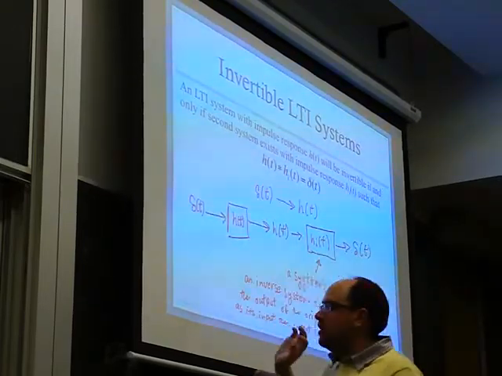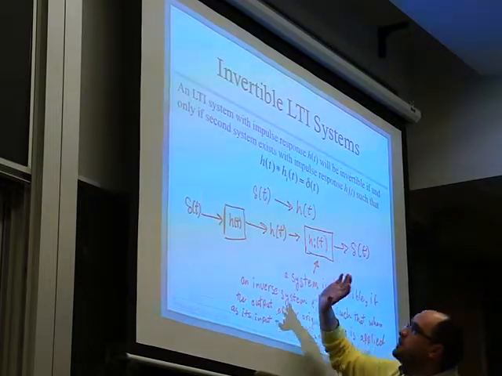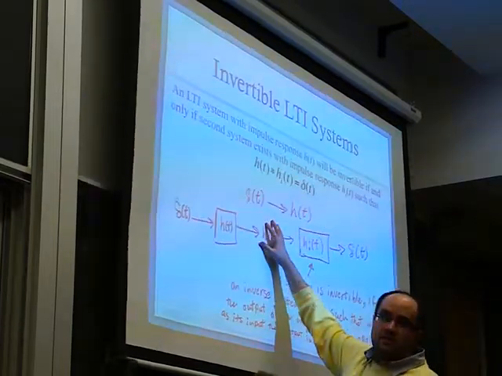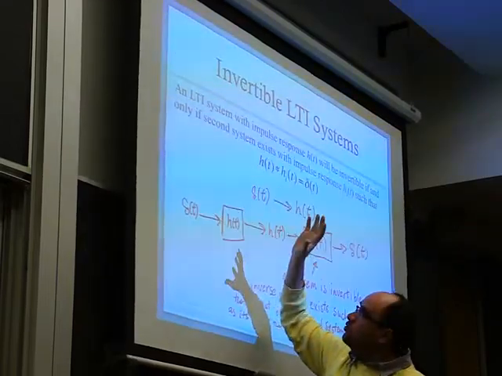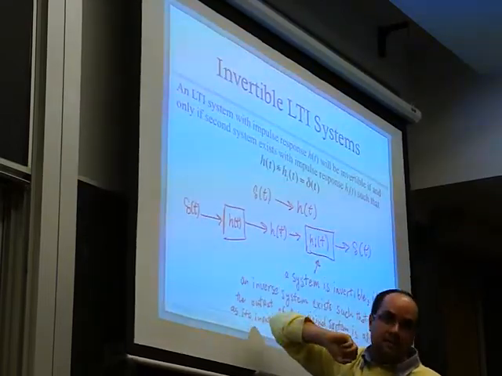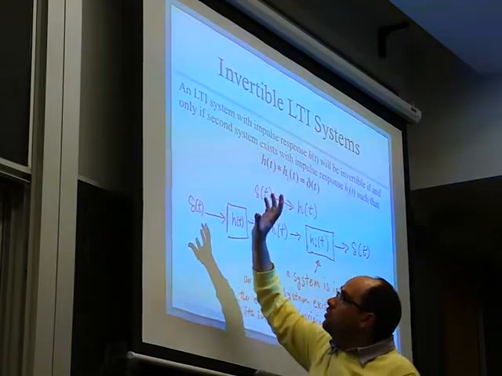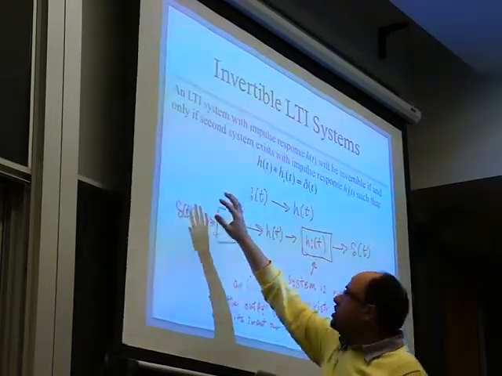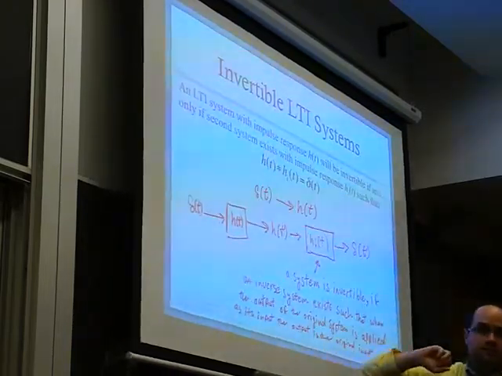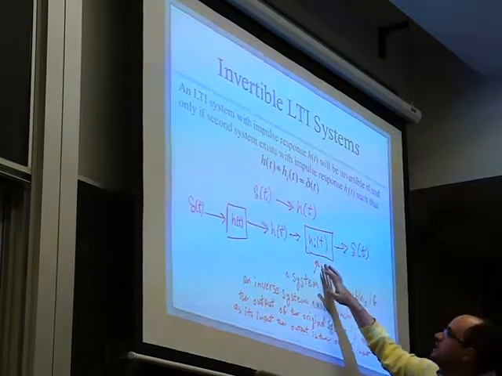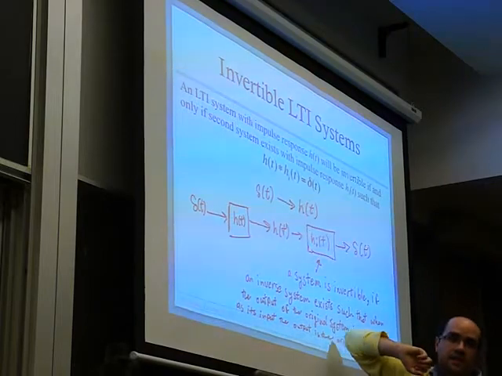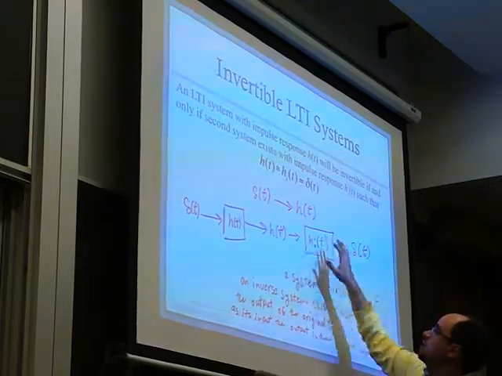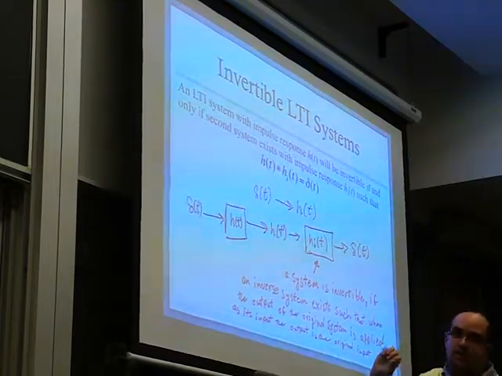If I tell you the output of a system, and you know the system itself, for example, you know it was a multipath system, and you want to know which input generated that output, you have to find an inverse system and use it to get the original input, by passing your output signal through that inverse system.